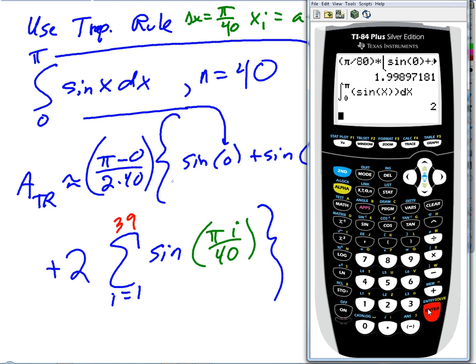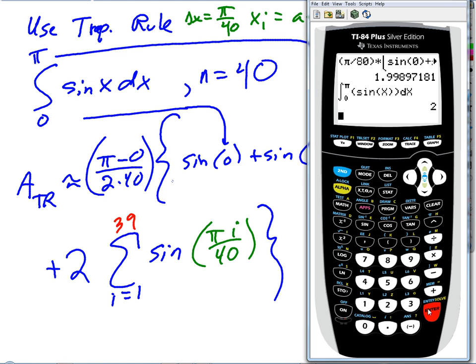Yeah, it is. Okay, next time we talk about this stuff, it may have occurred to you, how do you know how accurate that is? It just gave us some answer. How do we know if n equals 40 was a good choice or not? It turns out there's actually an error formula associated with the trapezoidal rule that can help you decide how many trapezoids you need depending on what kind of accuracy you want. So that's kind of the one hole in our swing here: that's great, but how do we know if that's any good, right?